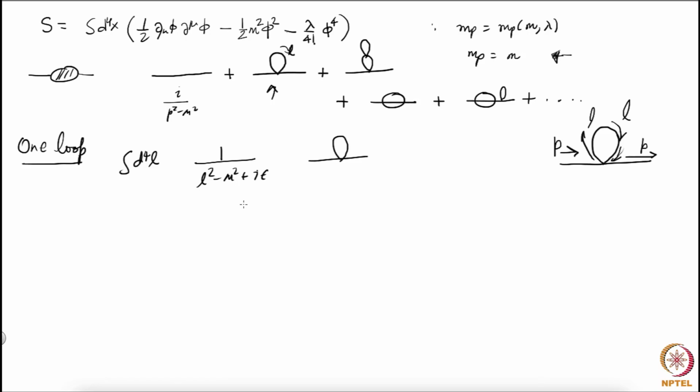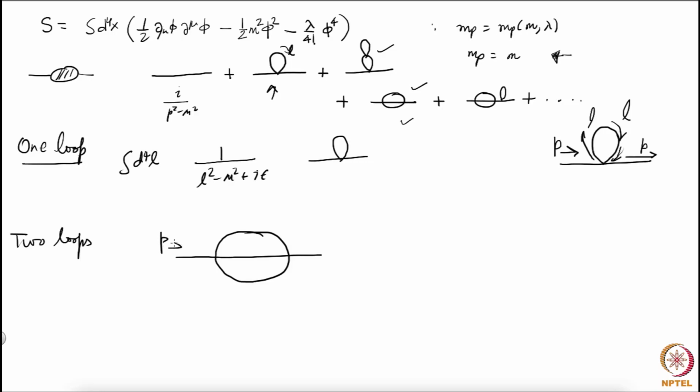Let's see what happens at 2 loops. You have all this diagram, and others. So let's look at this one. Okay, I'm just doing it so that we get some practice with these Feynman diagrams, so that the later discussion becomes a little easier.